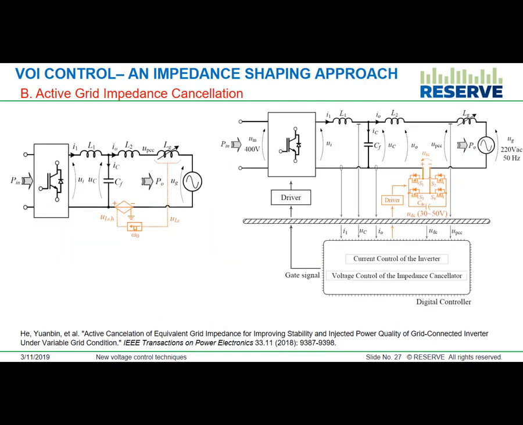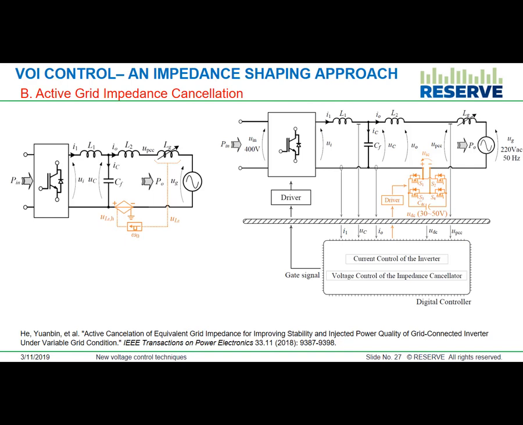For example, here you see this small power electronic converter which is connected at this node, and it is being controlled to produce a voltage to cancel out the impedance of the grid. So this is another approach. Again, you have to build this converter and have some advanced control in order to do that.